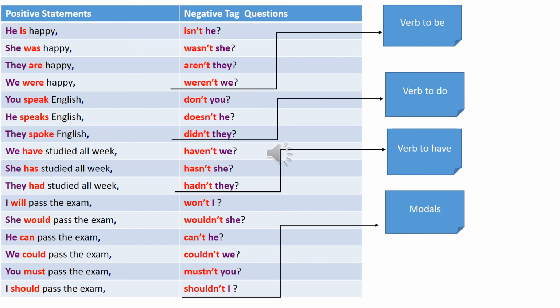Let's continue. We could pass the exam, couldn't we? You must pass the exam, mustn't you? I should pass the exam, shouldn't I? Will, would, can, could, must, should, and their negatives won't, wouldn't, can't, couldn't, mustn't, shouldn't.